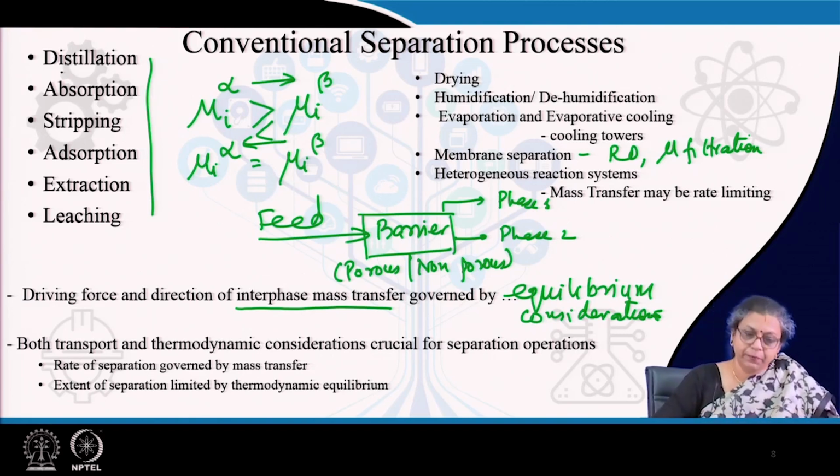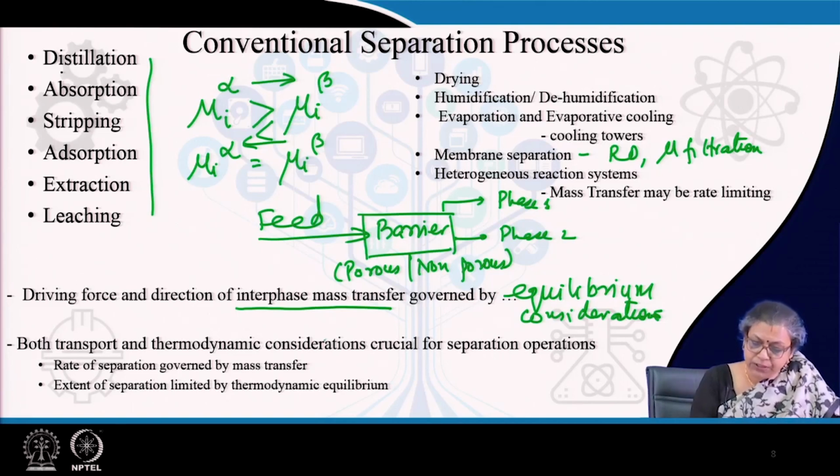So, therefore, I repeat, in this particular module we will be discussing those separation processes for which interphase mass transfer occurs, and this interphase mass transfer is governed by equilibrium considerations.